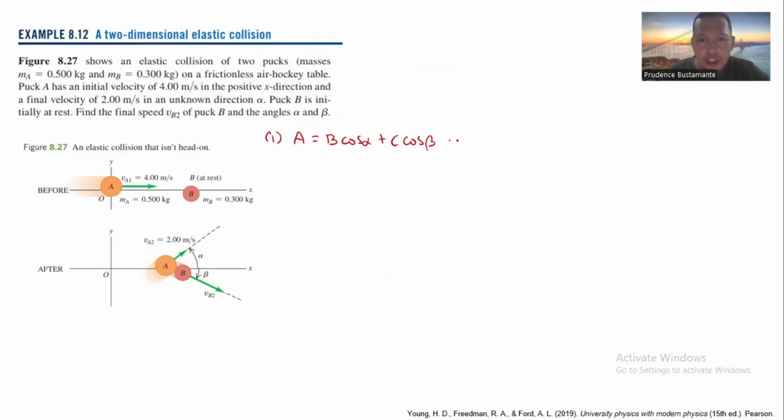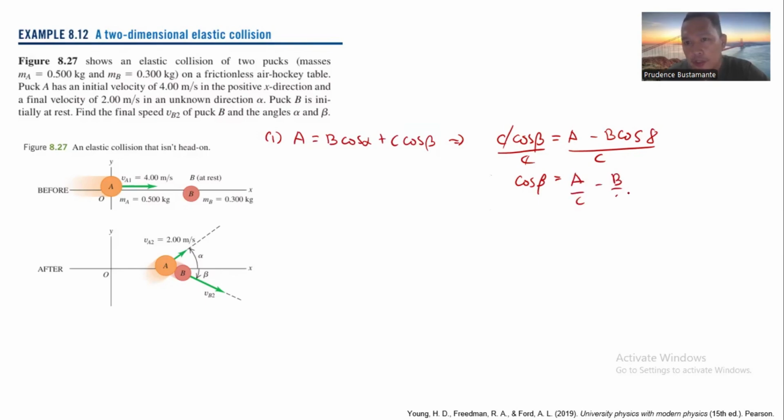Okay, so to solve for cosine beta, we transpose and divide by C. Cosine of beta is equal to A minus B cosine of alpha over C, so cosine of beta is equal to A over C minus B over C cosine of alpha.